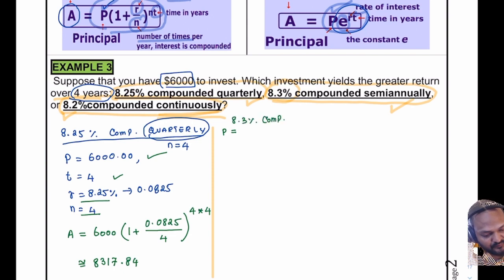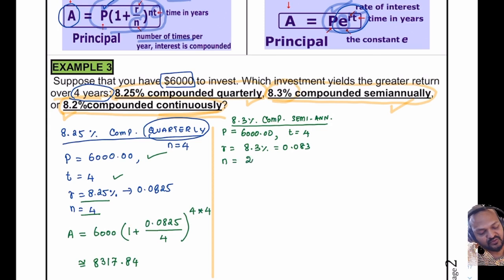compounded semi-annually, right? So P is still 6,000, T is still 4, and R is now higher, which you can say 0.083, and N is now lower because they are doing semi-annual, so N is going to be equal to 2.